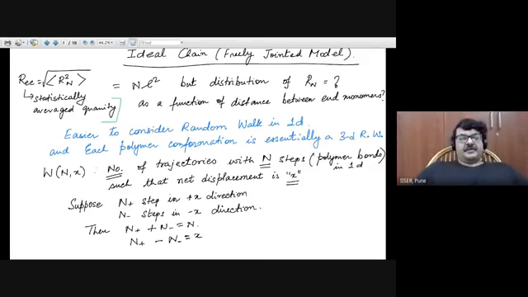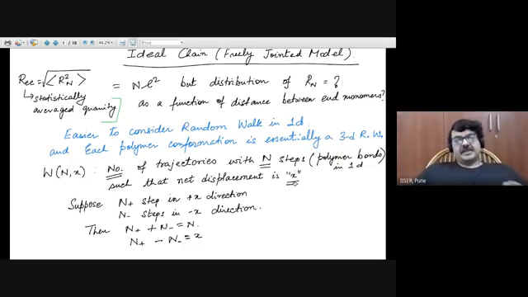So what are we after? We are after W_N(x), and that is the number of trajectories with n steps, or equivalently polymer bonds, such that the net displacement is x.